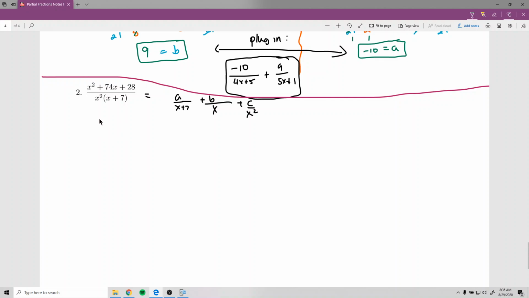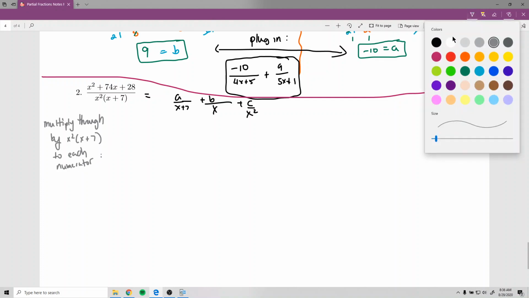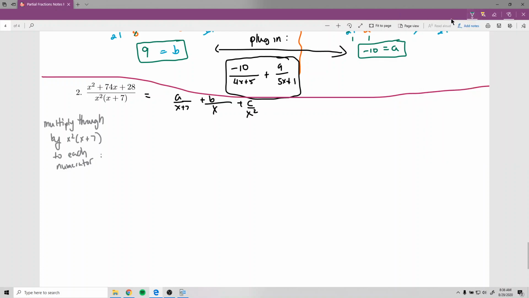All right, this is already factored, and just like before, we want to get rid of the fractions by multiplying through by the denominator over here, x squared times x plus 7, to each numerator. When we do that, on the left side the whole denominator cancels out.